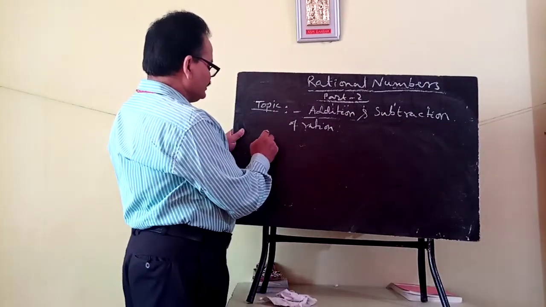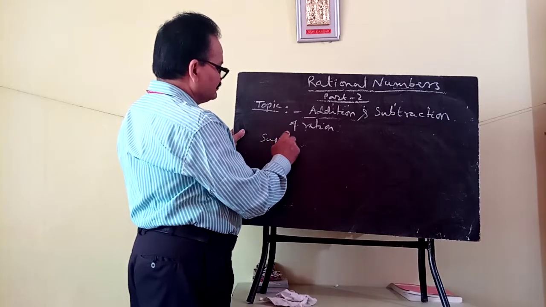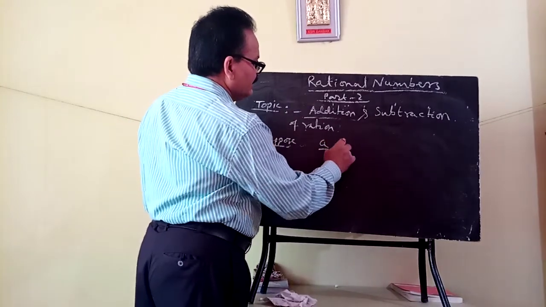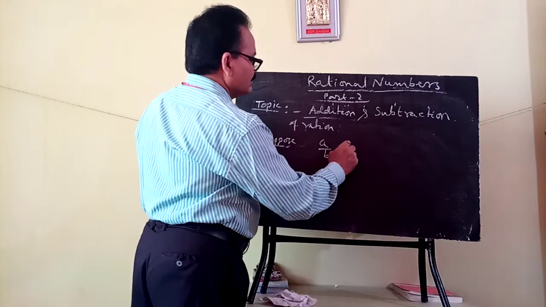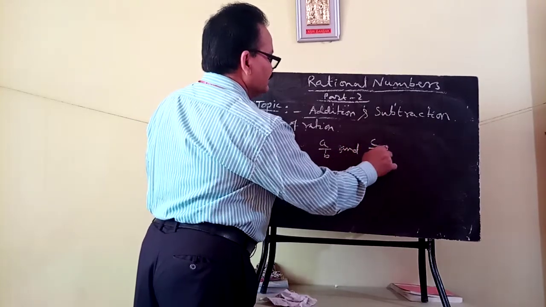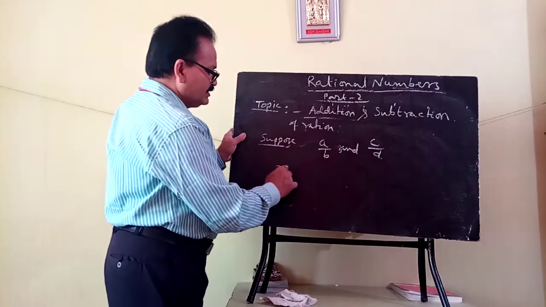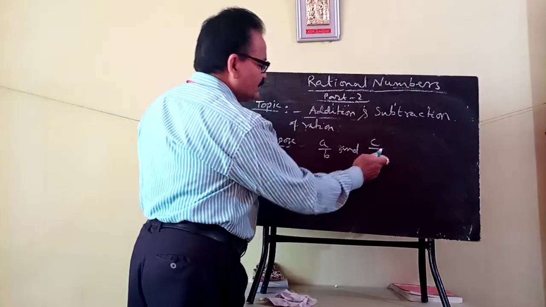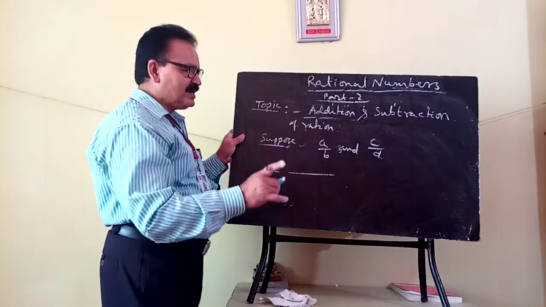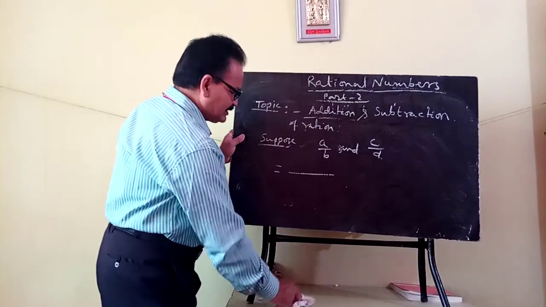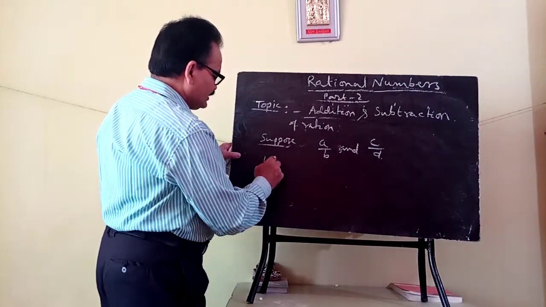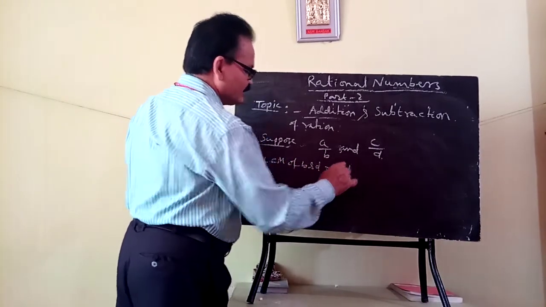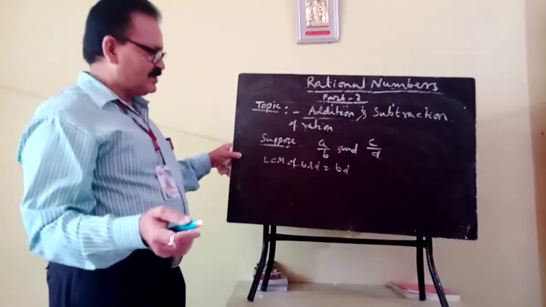Suppose we have two rationals, A by B and C by D. You have to add these two rationals. What will you do? Both denominators are not the same, so you have to find the LCM of the denominators. Your first step is to find the LCM of B and D, which is BD. You know all about how to find the LCM.